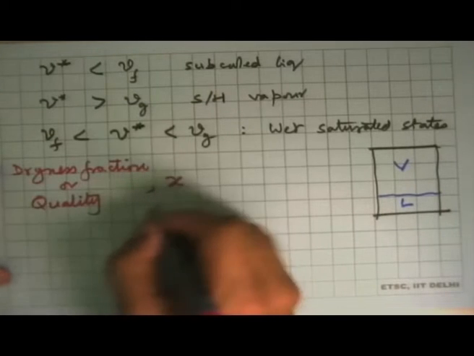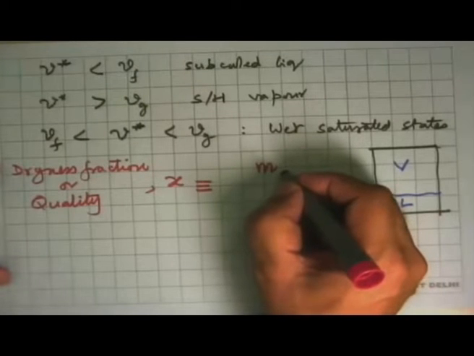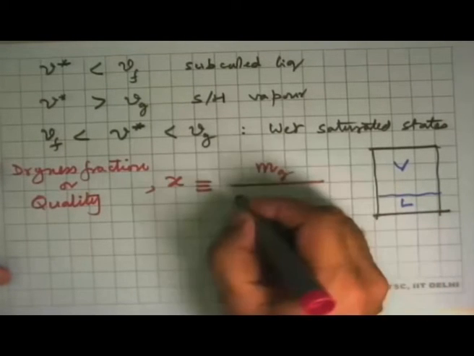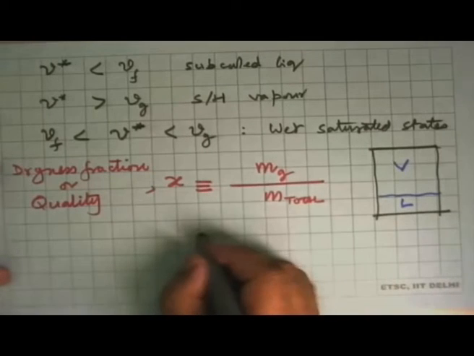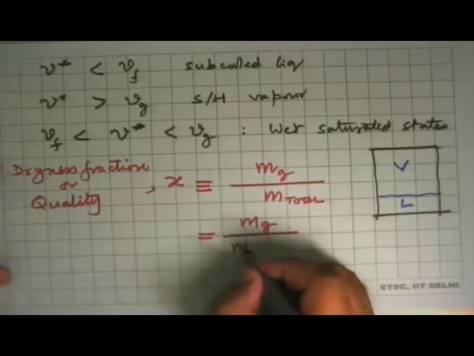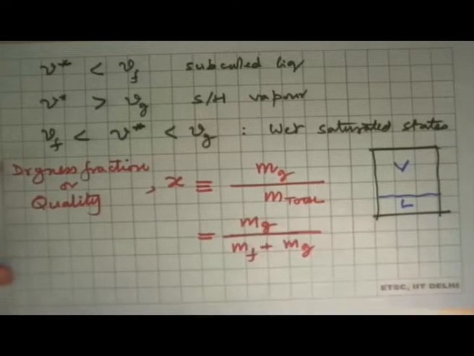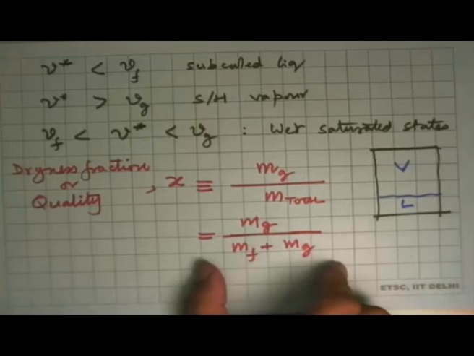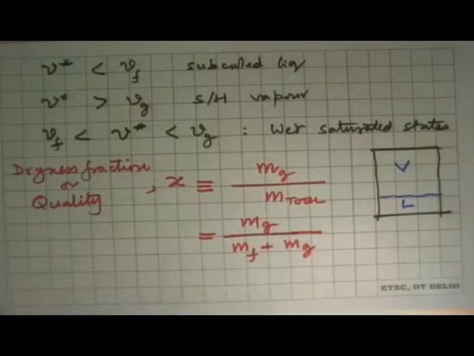The symbol is X. It is defined as the mass of the vapor divided by the total mass, which is mg upon mf plus mg. This is a new definition, and let's see if we can express it in terms of specific properties. It's a small exercise.